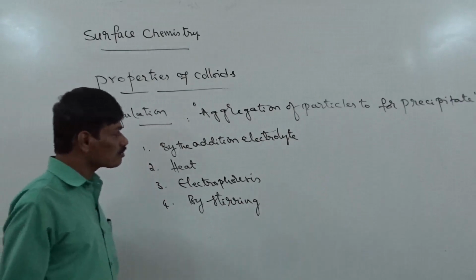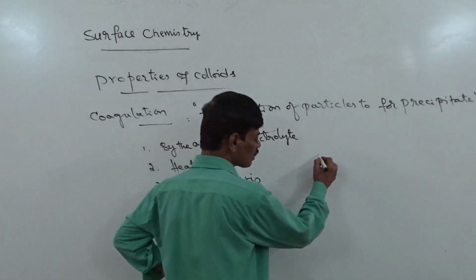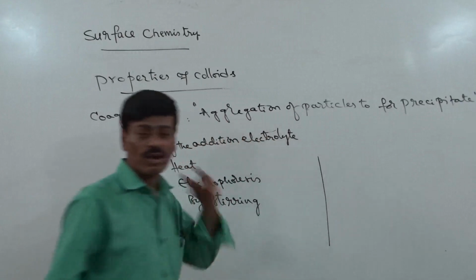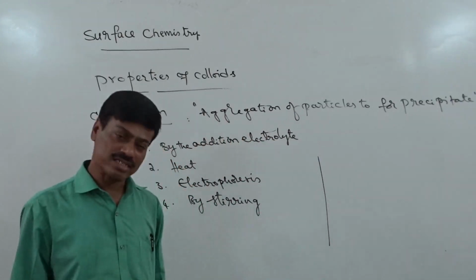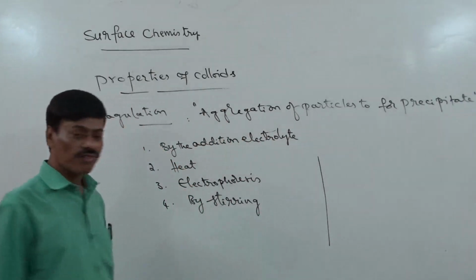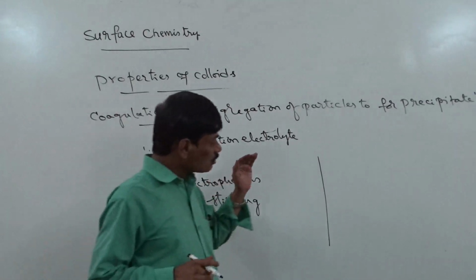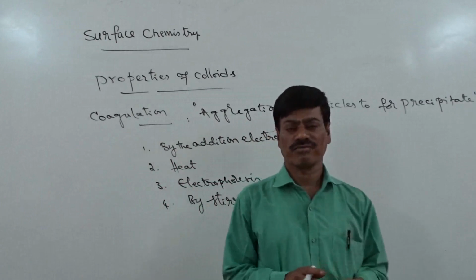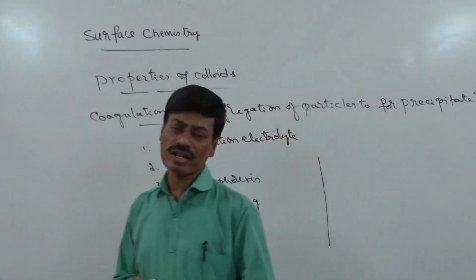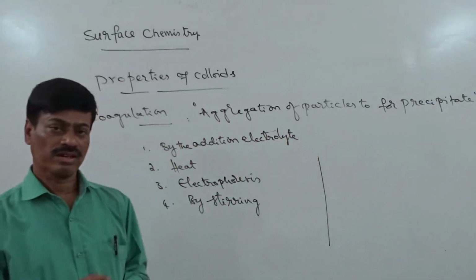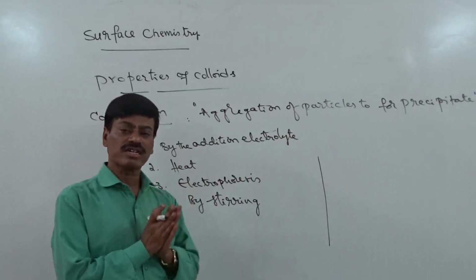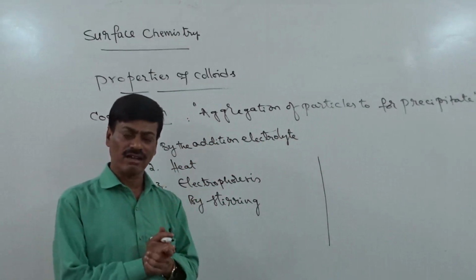Now let us see the important factor that makes coagulation occur fast. What is that factor? Let us see. The valency of the ions, particularly positively charged ions or negatively charged ions.